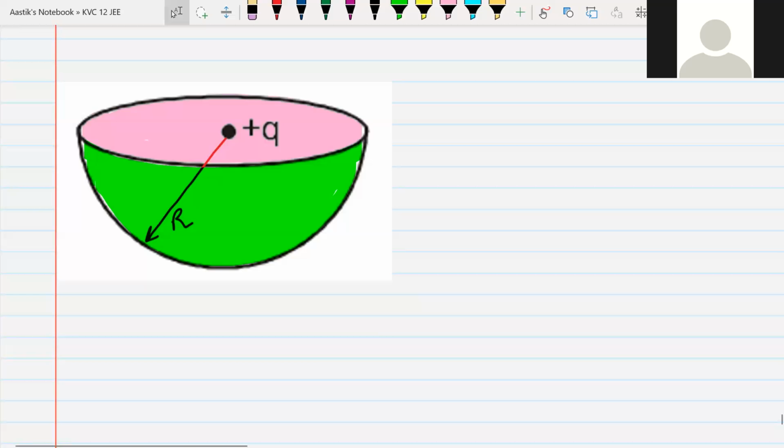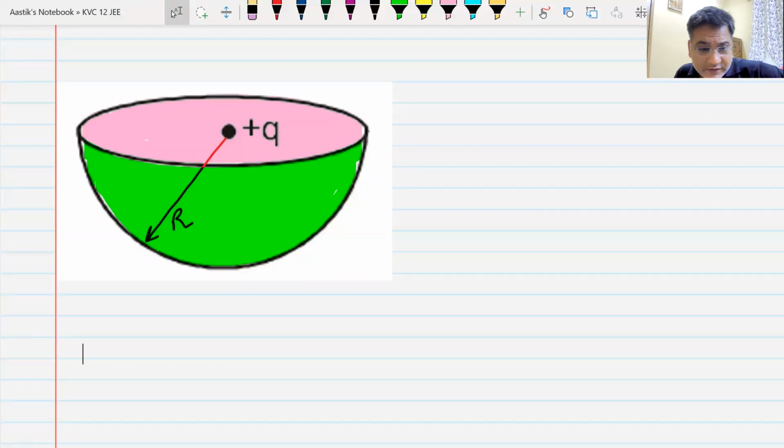Q by 2 epsilon naught. Which answer is Q by 2 epsilon naught? The pink one or the green one? Electric flux of the whole hemisphere. I asked you pink one and the green one. The question still remains the same. What is the flux through the pink part and what is the flux through the green part?